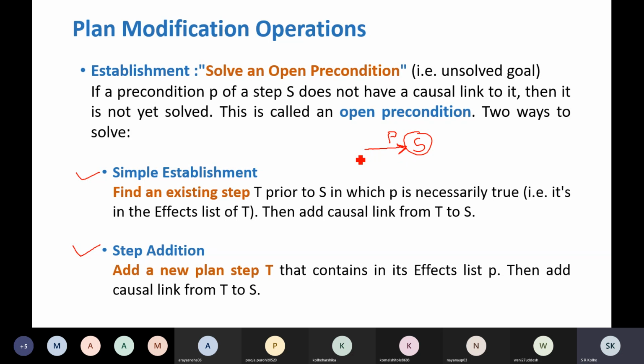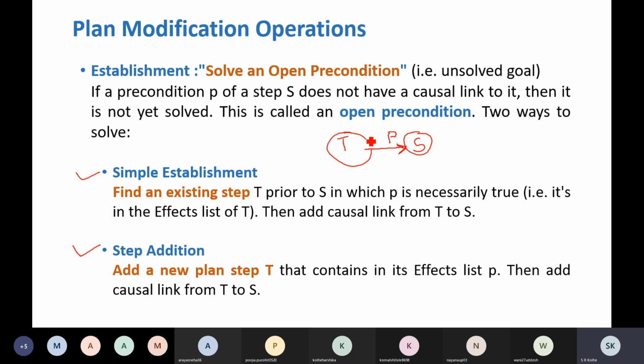So there are two ways to do this. One is simple establishment. Find a step T prior to S in which P is necessarily true.